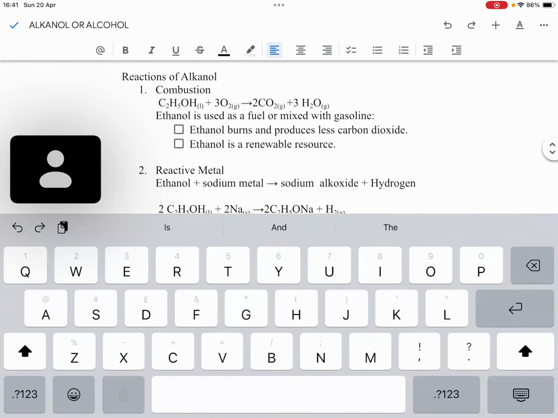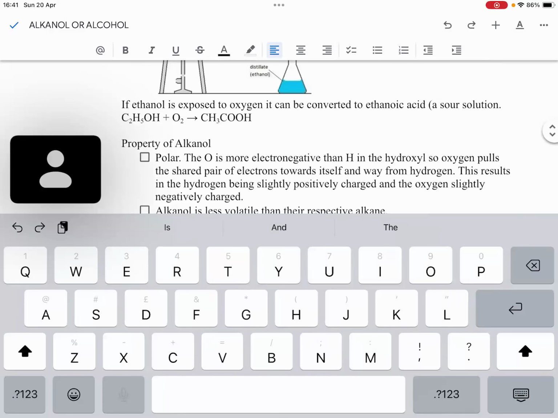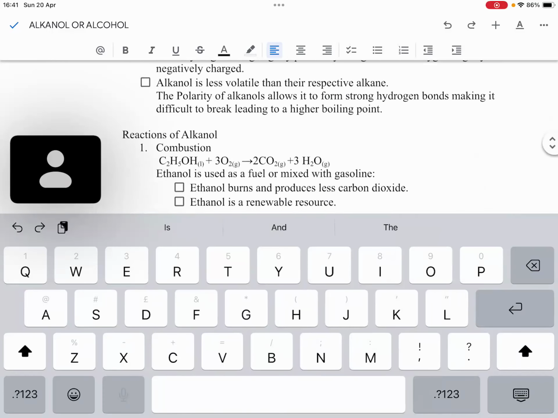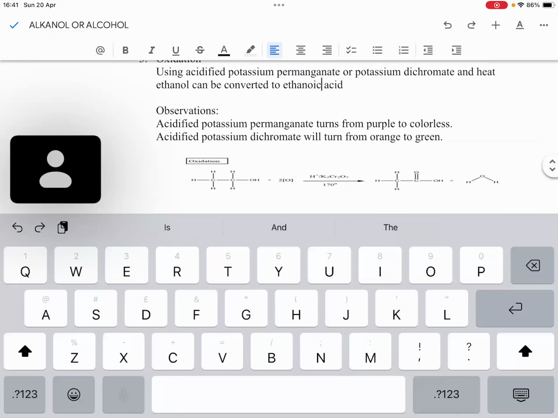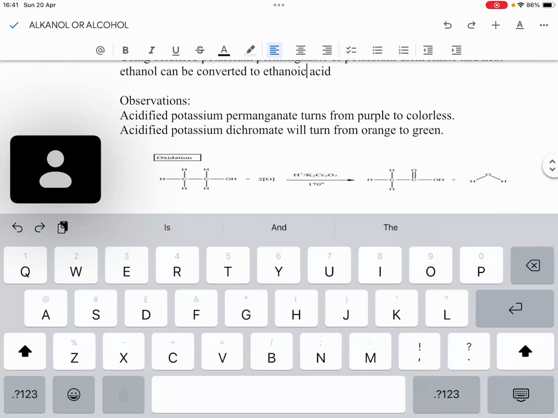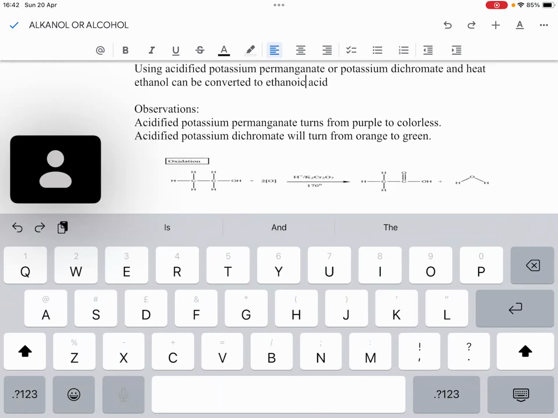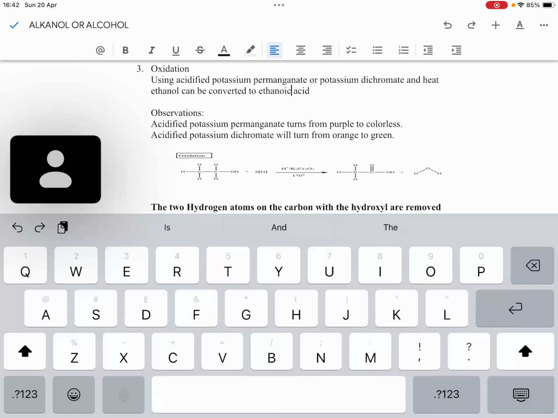It's a similar reaction to when it reacts with oxygen in the air, but we can use the oxidizing agents to do that. In the oxidizing agents, we need acid. We use the oxidizing agent and heat, and we produce the acid and the water. Please note, your syllabus says that it does not want this equation, so I'm letting you know, but you must know the observation.